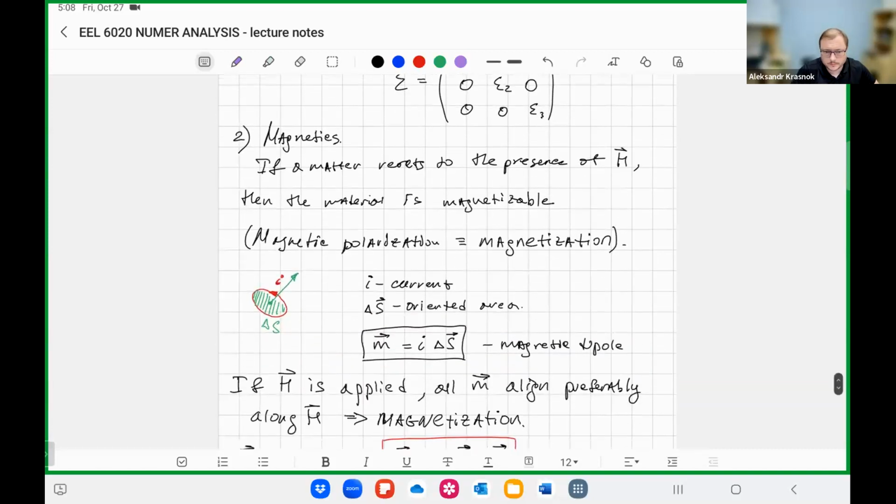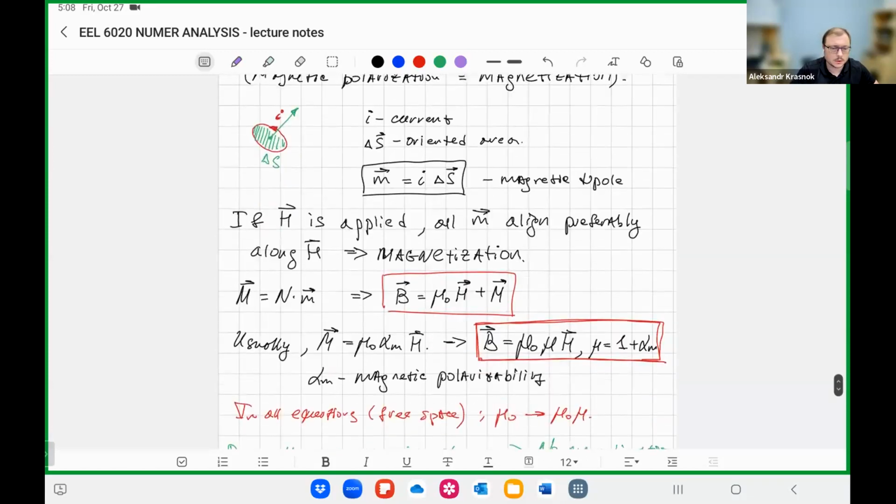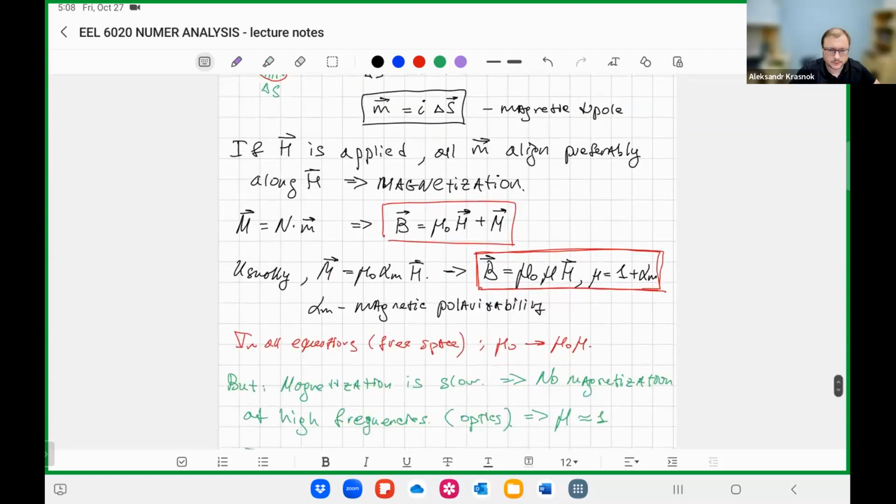Magnetics are described in a similar way. We introduced the magnetic dipole, and the net magnetic dipole from many charges leads to the magnetization, capital M in these formulas.